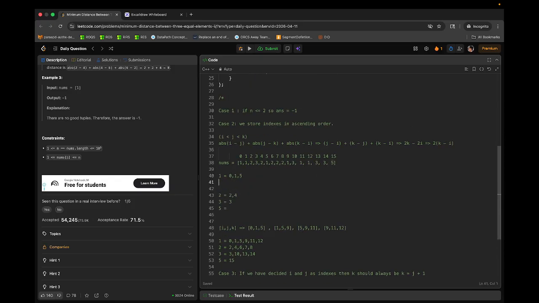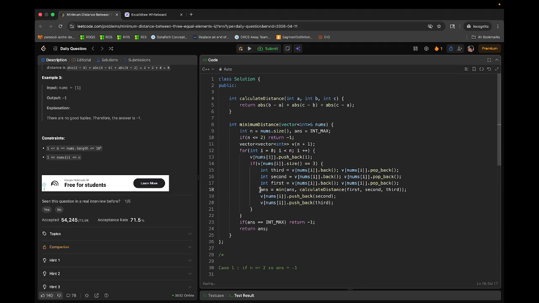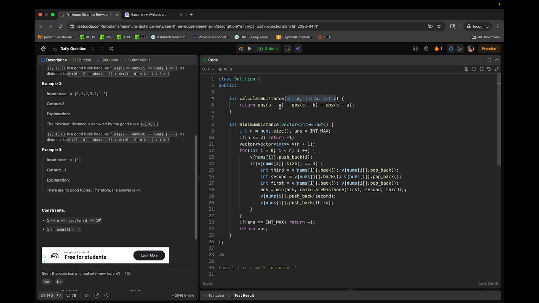In this case, our A will become 0, B will become 1, C will become 5, and the whole vector will become empty for 1. We'll simply calculate the distance, which is the absolute of these 3 values, as given to us. We can ignore absolute also because we know A, B, C are in sorted order.